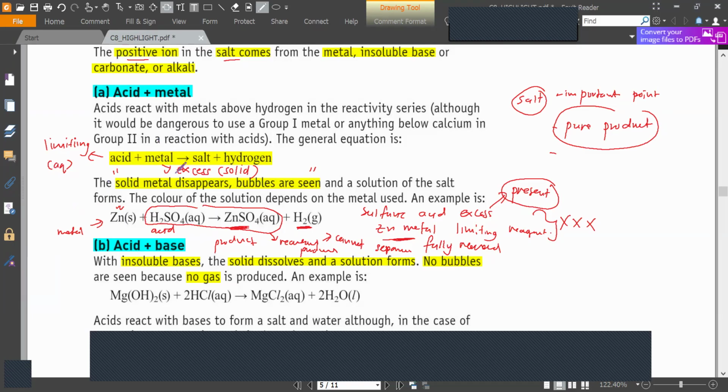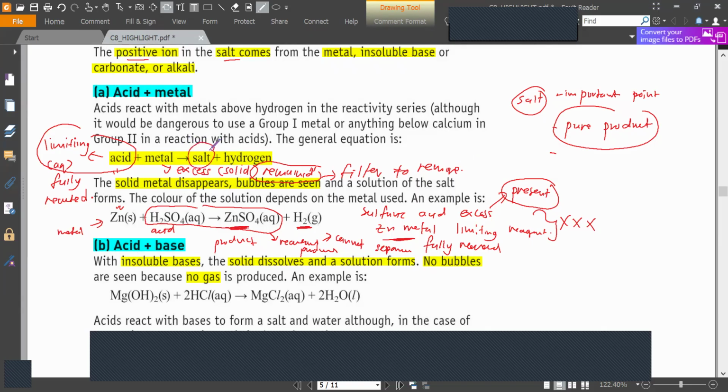We always put the solid in excess, then the acid will be fully reacted. Some excess solid will remain, but no problem, because we can filter to remove it and get a pure product.